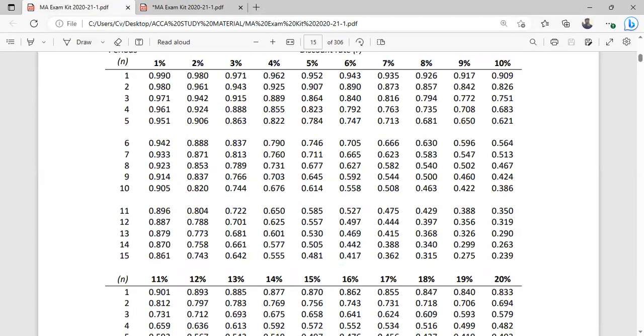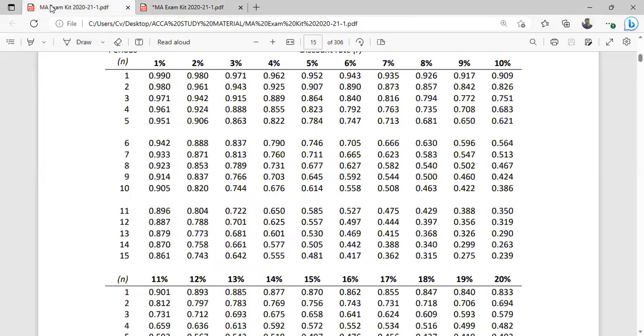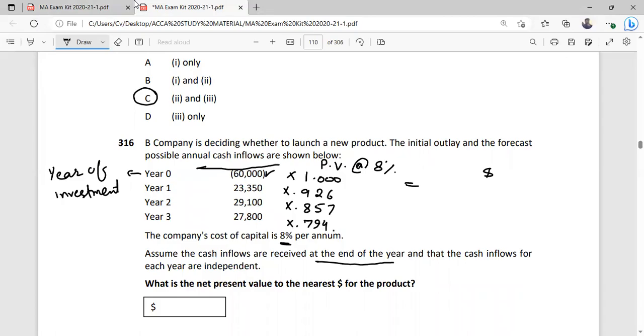At 8%, we have 0.926 for year 1, 0.857 for year 2, and 0.794 for year 3. Once again, we will confirm our present value factors. Yes, we used the correct one.